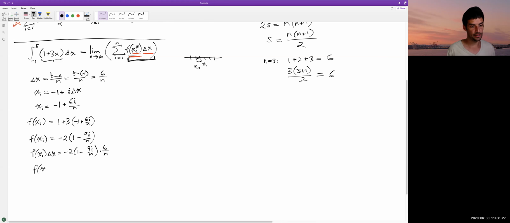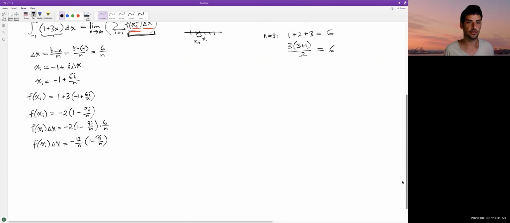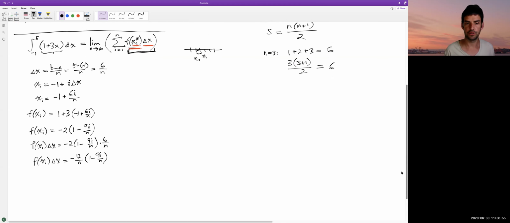Let's write that a little bit nicer: -12 over n, times (1 minus 9i over n). Okay, I think that's a good way to write this out. Let's keep going down.